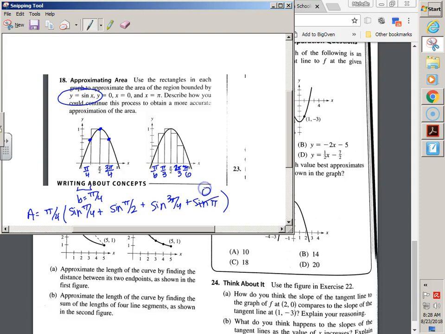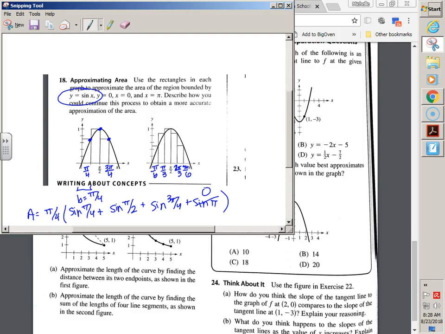It's just 0, which is why it wasn't in the answer key. So the answer key had root 2 over 2, 1, root 2 over 2, and then that wasn't there. And so what they did is it was base times height, base times height, base times height for 1, 2, 3 rectangles. Does that kind of make sense?